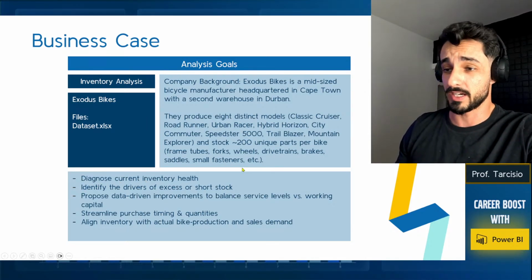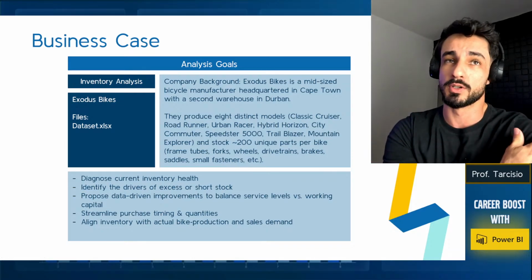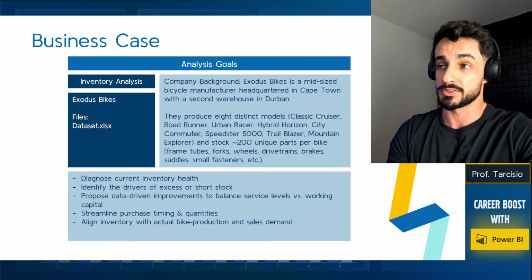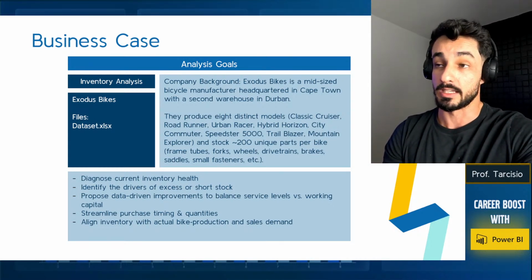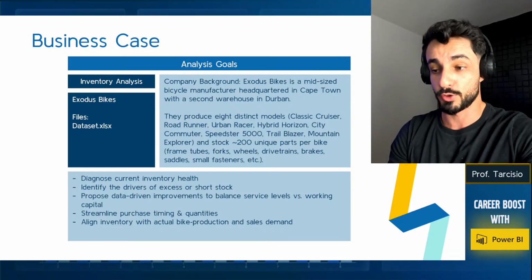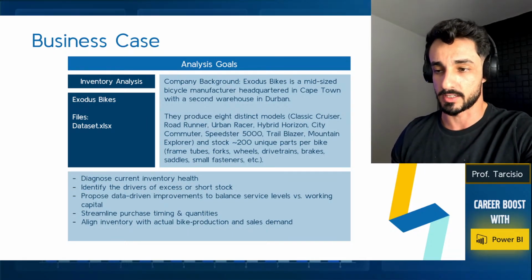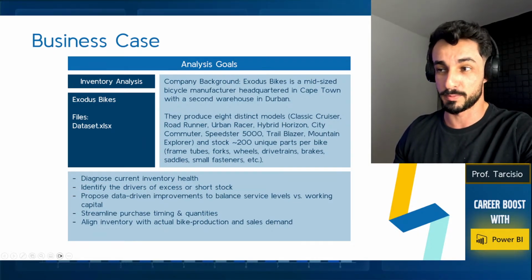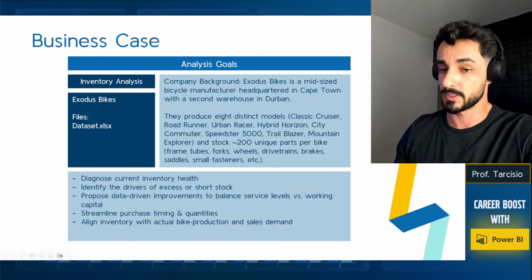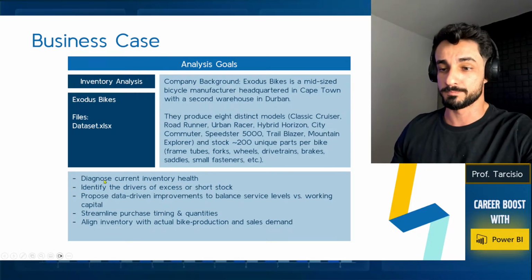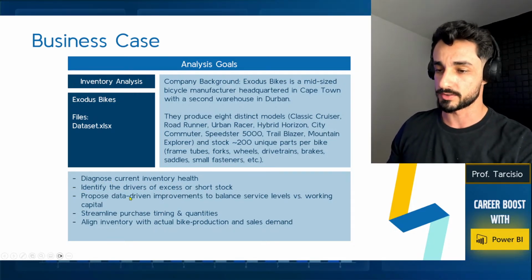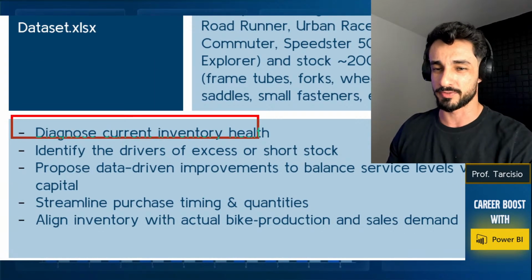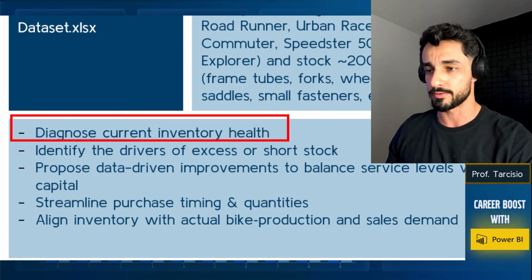So we have a few problems with this company. We have a very huge stock level, and you're going to see later when we open the data and start analyzing and summing all the numbers that this is not optimized at all. So we have a few concerns to begin with. First, we need to check the current inventory health.